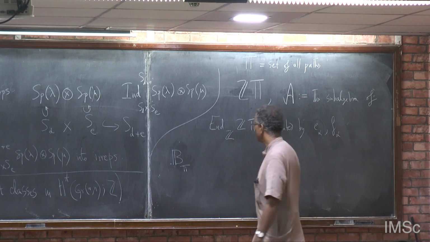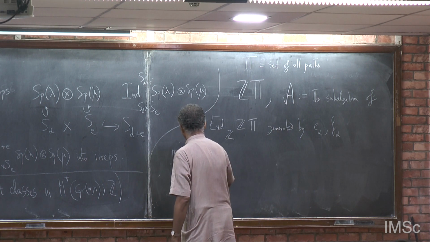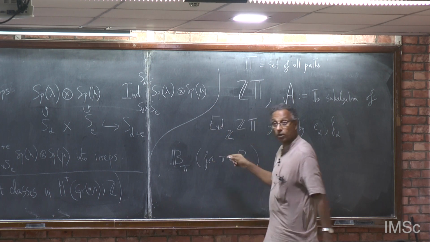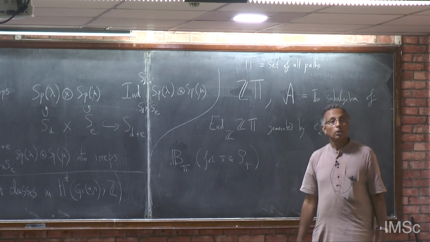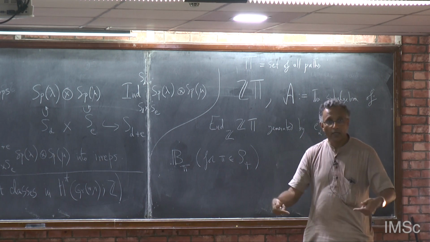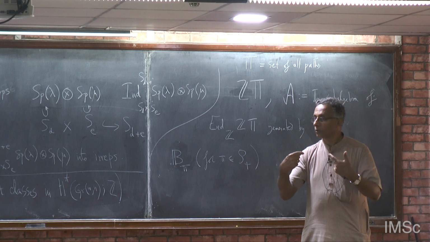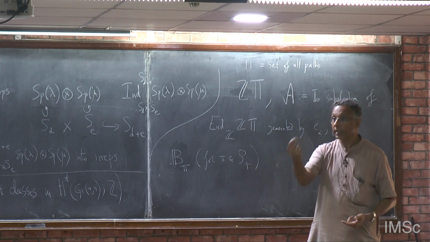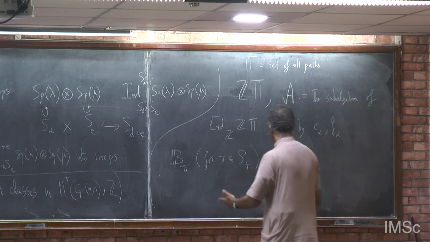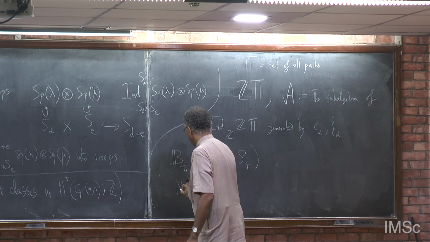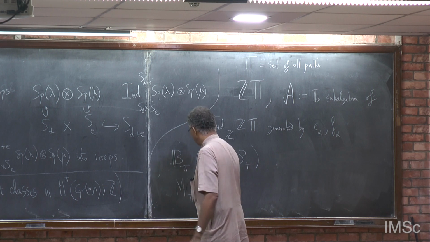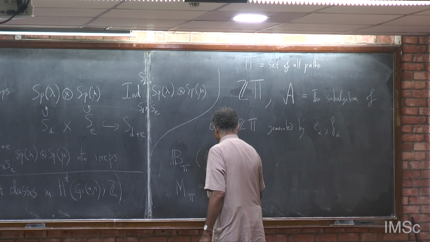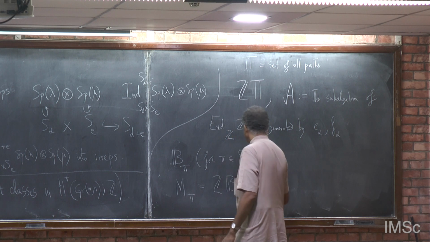Absolutely. So B pi, for pi in pi plus, is the colored directed graph generated by pi. And M pi is the Z B pi, which is contained in Z pi.